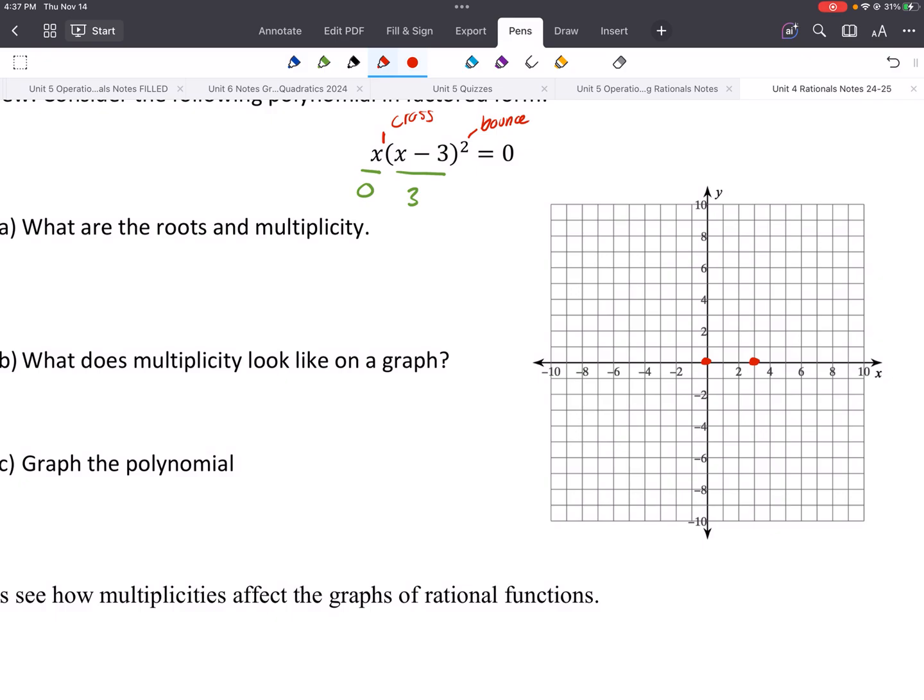So any odd multiplicity gives crossing, and any even multiplicity gives a bounce. So we'd have an example like this, where it's going to cross because it has a multiplicity of 1, and sorry, it's not a great graph, it's going to bounce at 3 because of the even multiplicity.